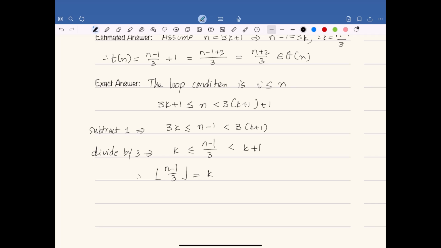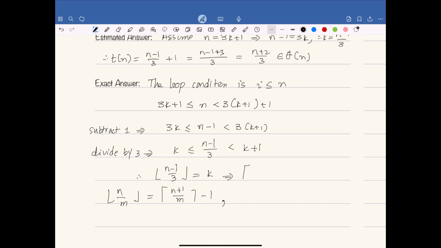We can further simplify this equation by converting the floor into ceiling. There is a rule that says if we have a floor of n over m, this can be converted into ceiling. It will be equal to ceiling of (n plus 1) over m minus 1. So now for this equation, the floor will be converted into ceiling.